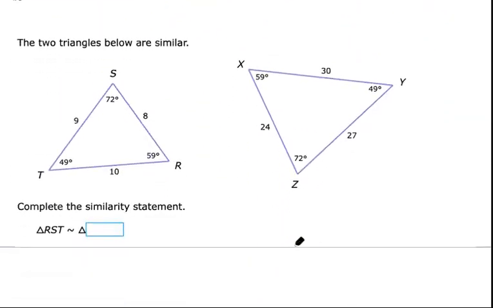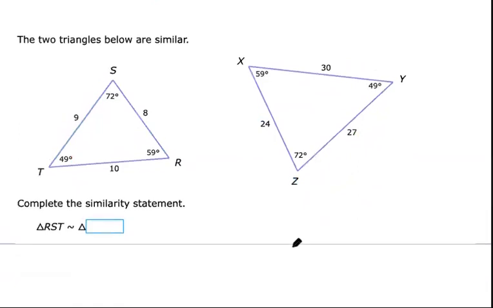All right, triangles. Looking at triangles here. Are these triangles similar? Let's look at the angles here. 72 degrees there, S and Z. R 59, X 59. So this one right here is going to start with an X because this one is starting with R right there.